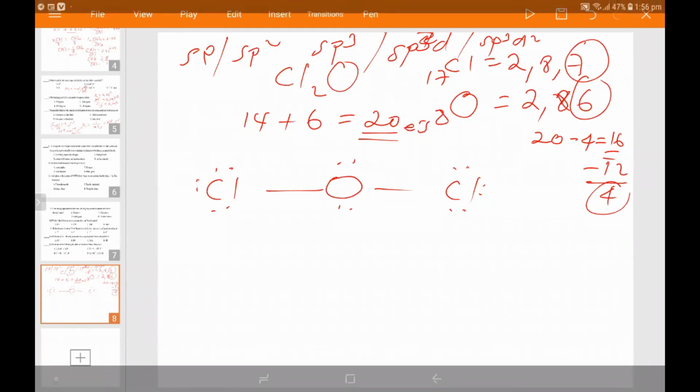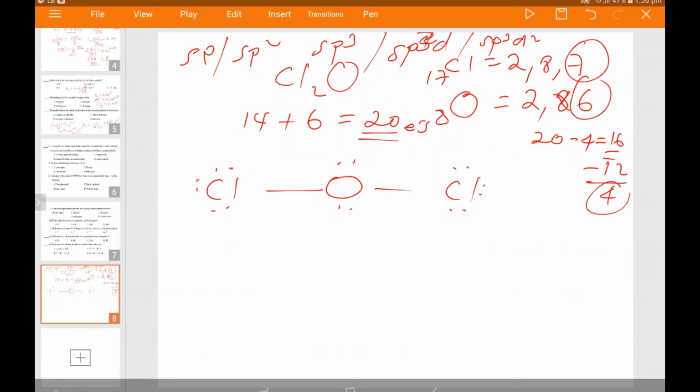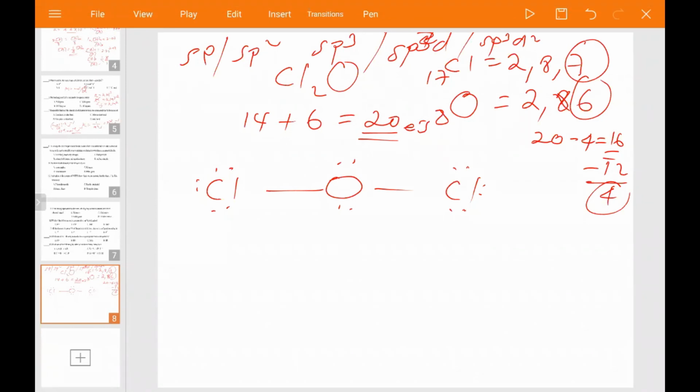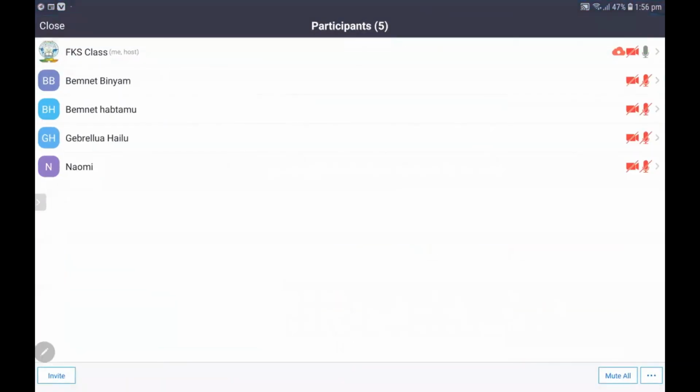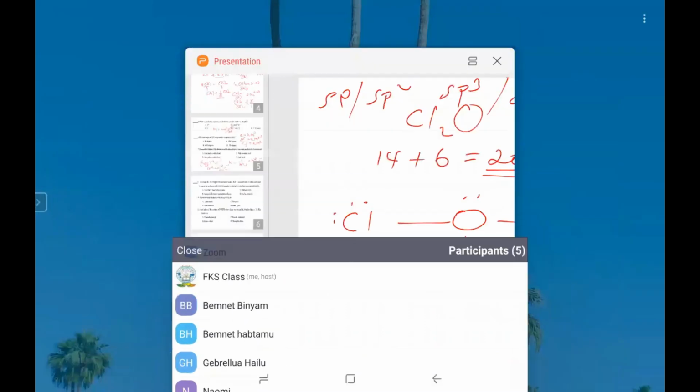Tell me the hybridization type for Cl2O. How many pairs do we have here? On the central atom, how many bonding pairs and how many lone pairs are there?